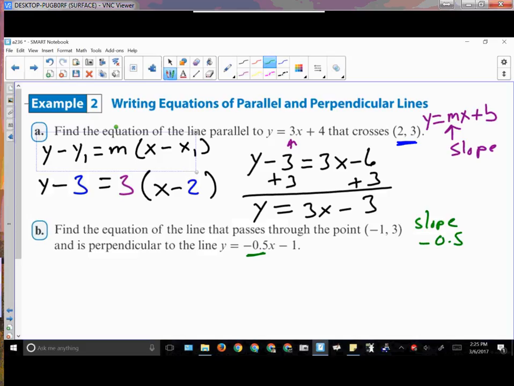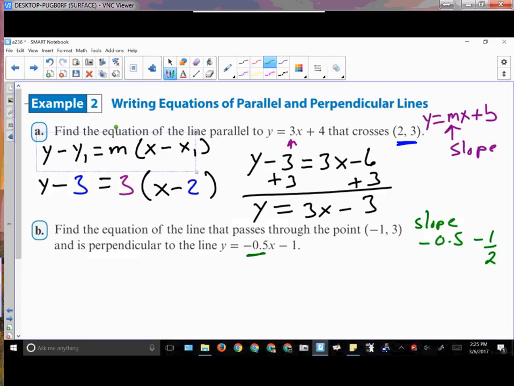This is part of the reason why we try and avoid decimals at all costs. Most of this stuff works in terms of fractions. So what is negative 0.5 as a fraction? So I got negative 1/2.